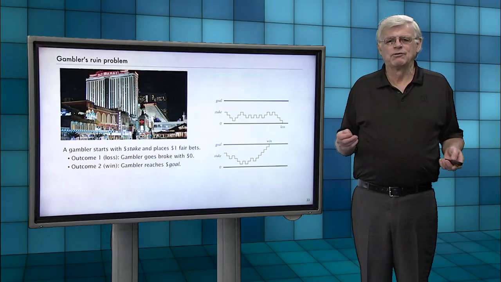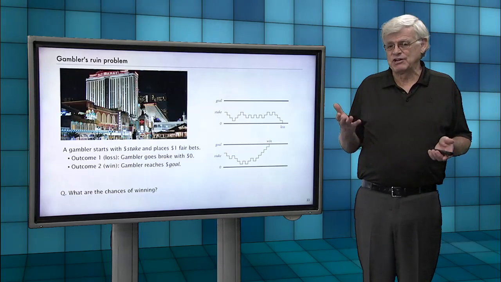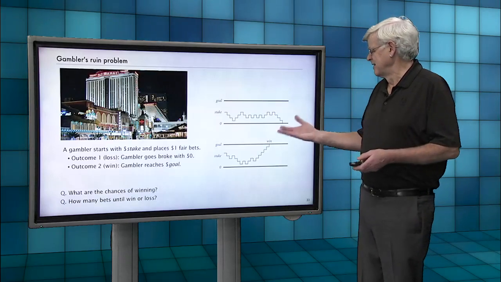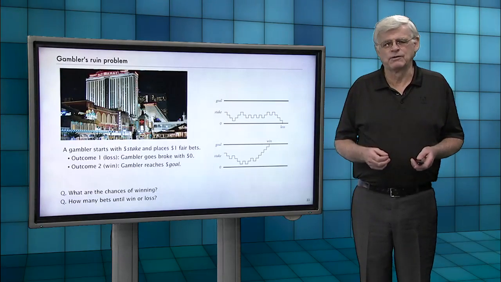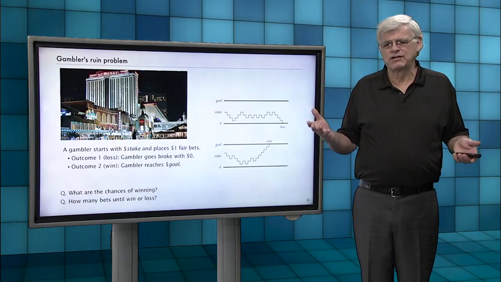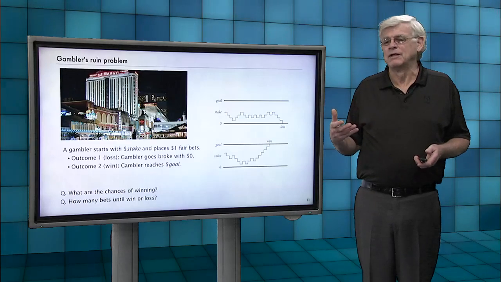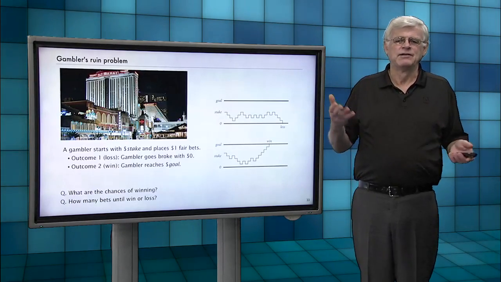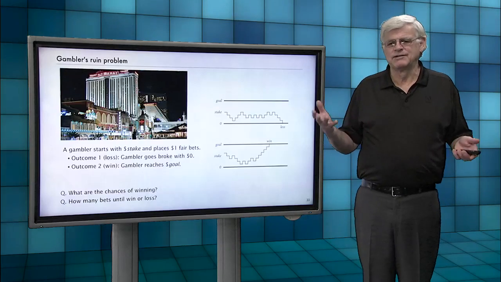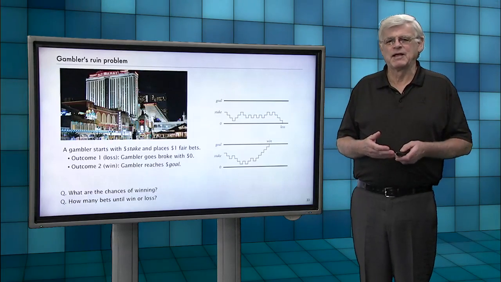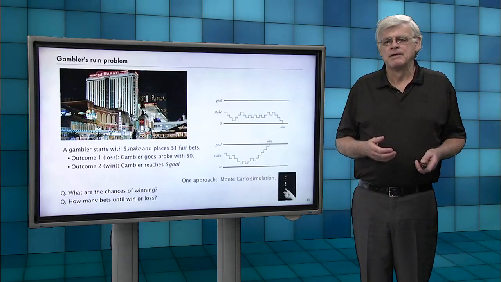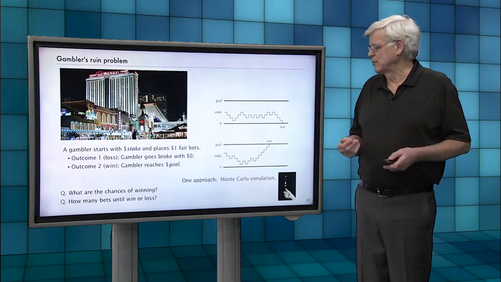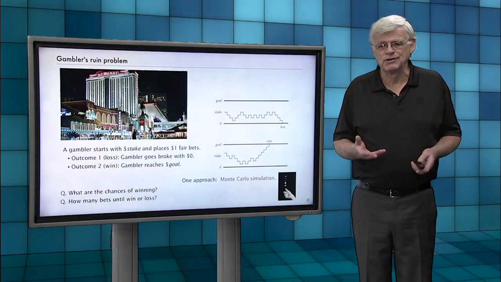So what every gambler would want to know is what's the chance of winning and how many bets until the win or loss. That's going to depend on the stake and the goal, and so maybe the gambler would like to know how to set those parameters to fit in all the gambling that he wants in the weekend. So what we're going to do to study this problem is what's called Monte Carlo simulation.